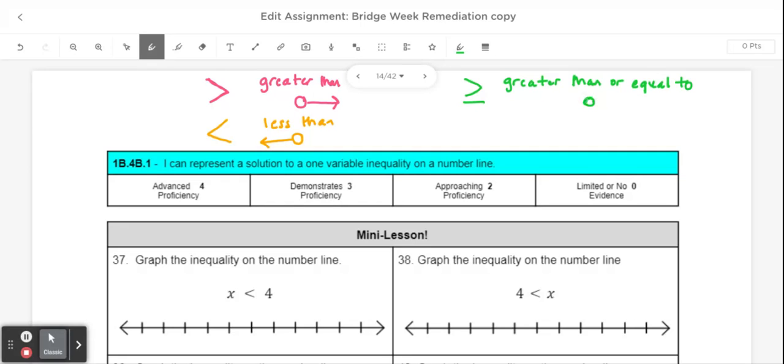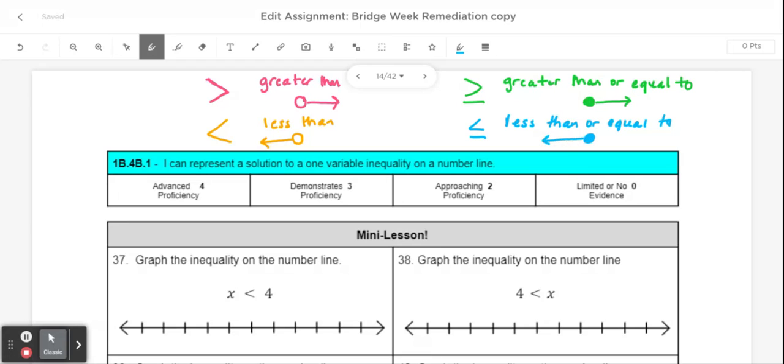So instead of using an open circle, we're going to use a closed circle and shade to the right. And the last symbol that we learned is less than or equal to. And the thing about less than or equal to is that we do want to allow ourselves to be equal to that number. So we would use a closed circle and shade to the left.